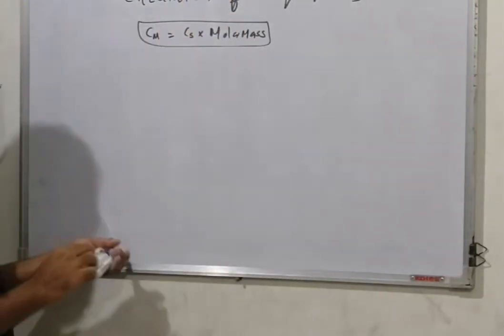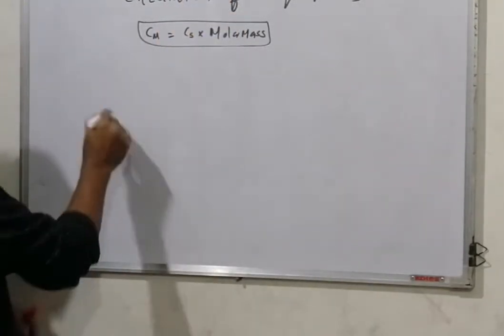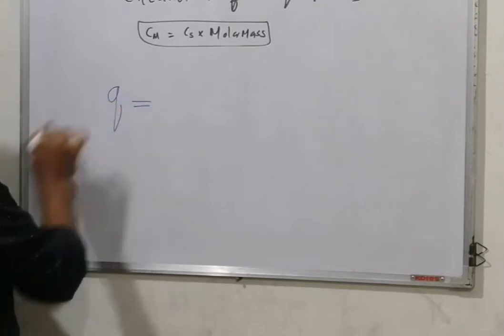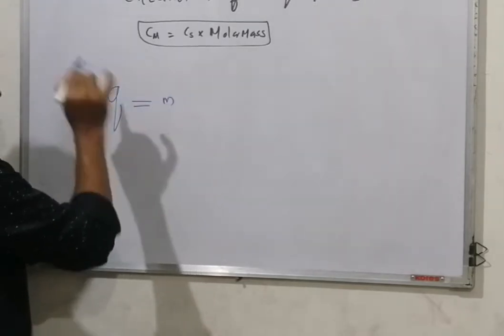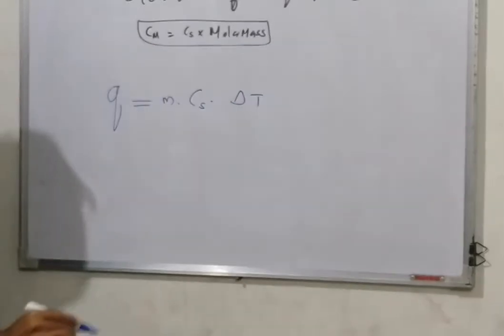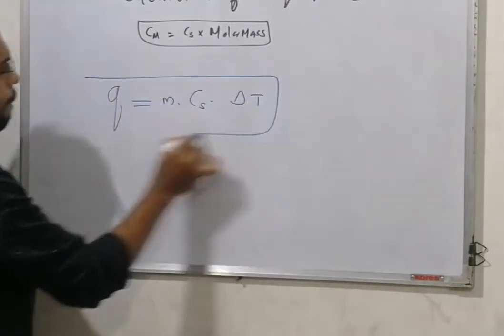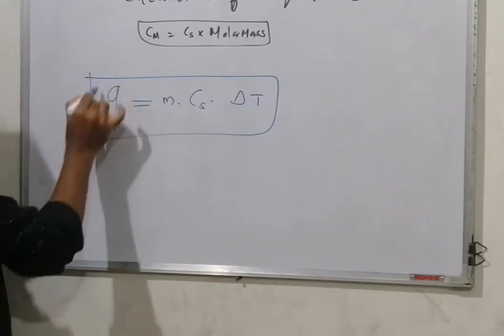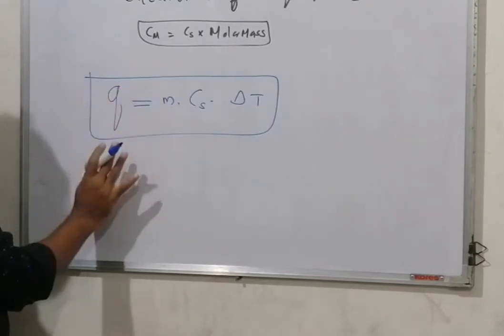Calculation of Q and Cs. Remember this equation: Q is equal to M into Cs into delta T. This is the amount of heat released or absorbed.